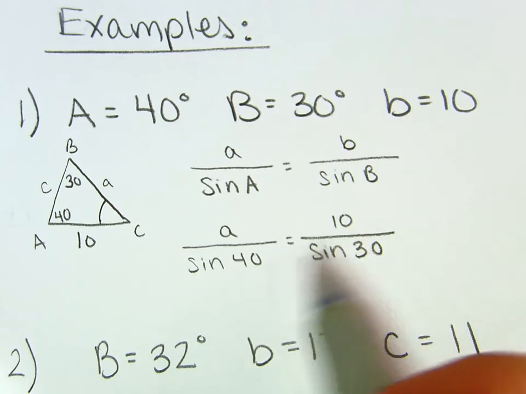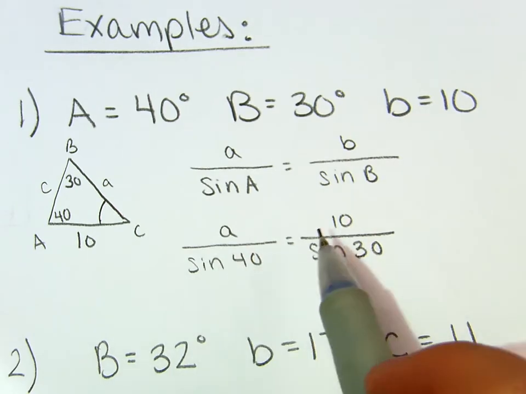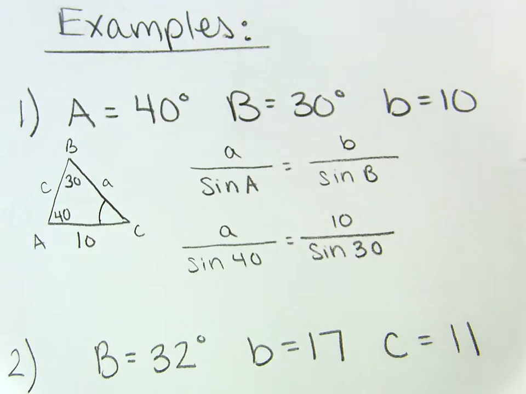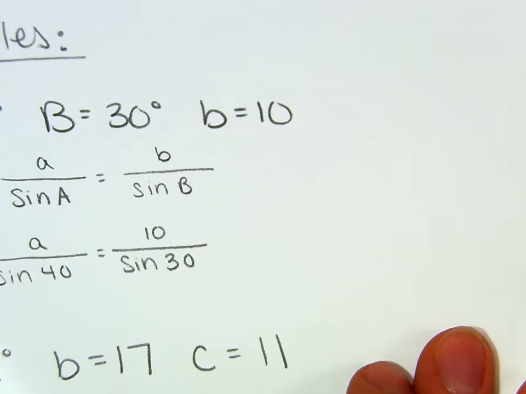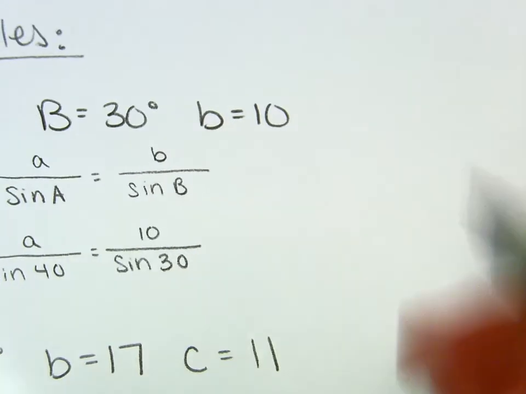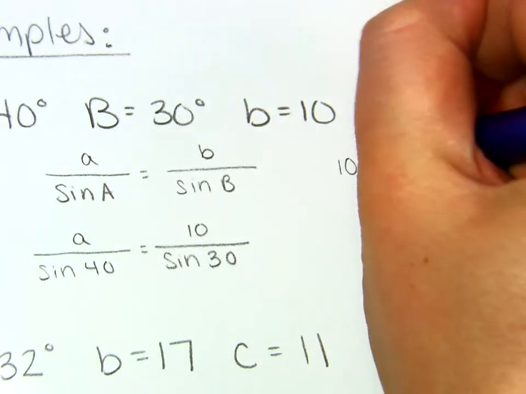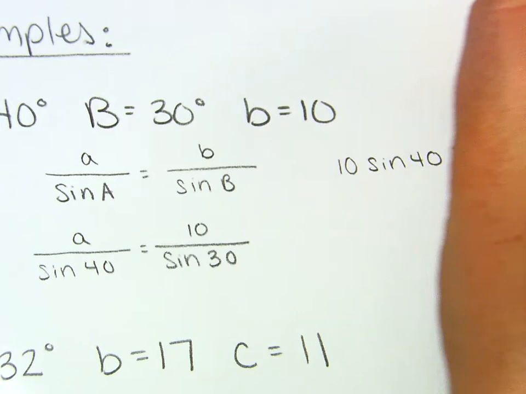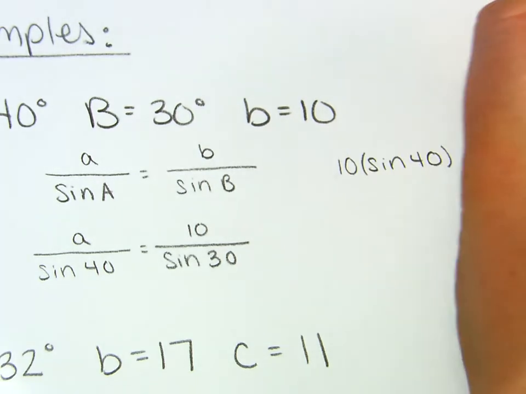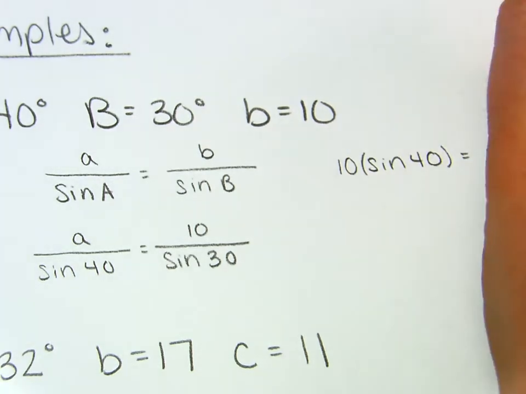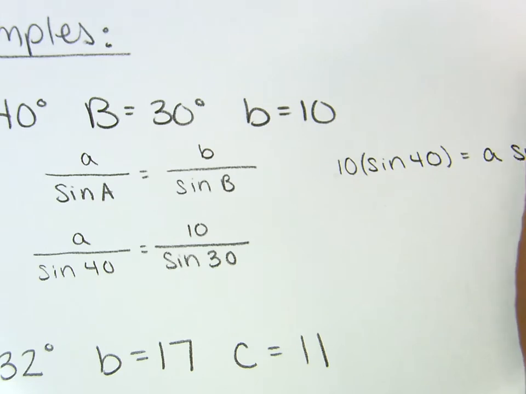So how do you solve a proportion? We cross multiply. So if I cross multiplied, I would get ten times the sine of 40 equals a times the sine of 30.